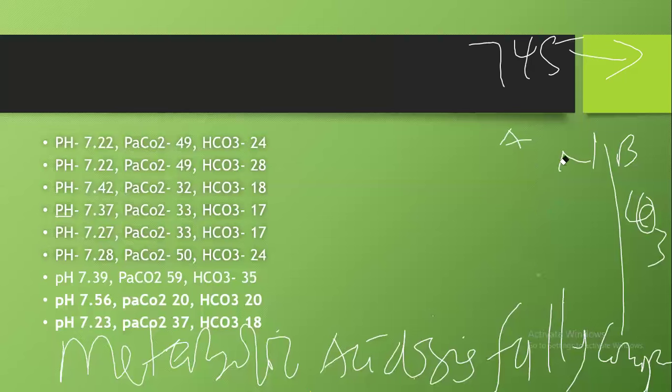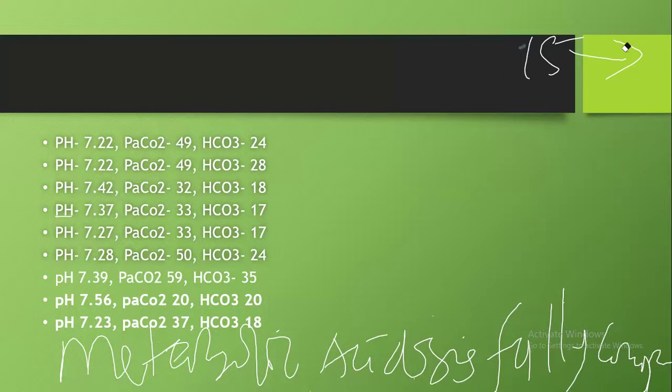So if it's a metabolic acidosis and there's a compensation, the carbon dioxide is also moving towards the basic side. And if it's an alkalosis, the carbon dioxide, if it's also compensating, is moving to the acidotic side. Yes, it will be adjusting so that it tries to neutralize the situation.